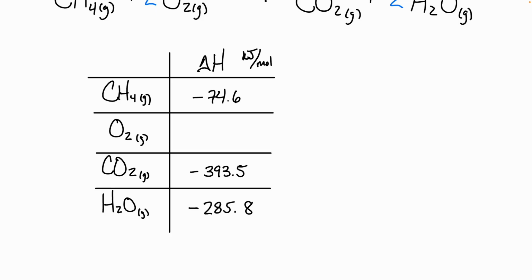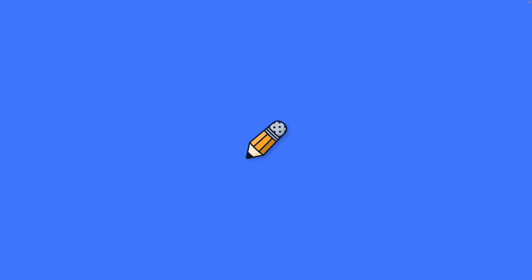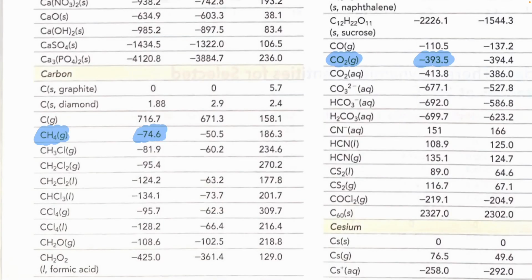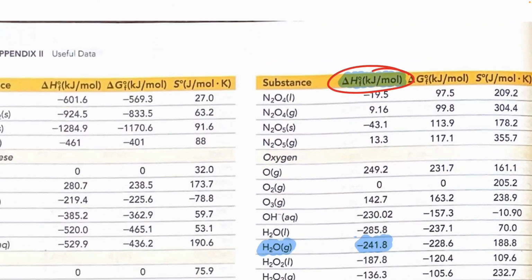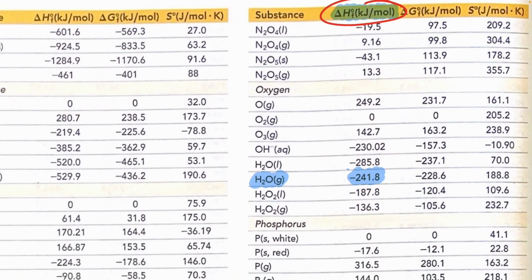All right, and now we need to look it up for oxygen as well. Okay, we see that our formation reaction enthalpy is 0 for oxygen.